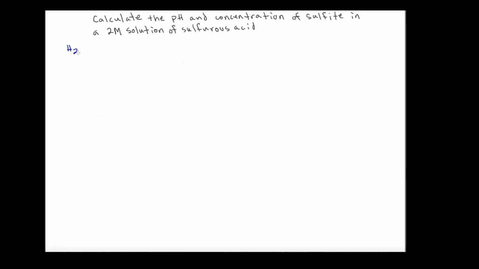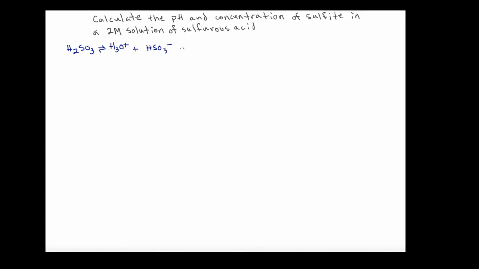is a polyprotic acid, so its ionization occurs in two steps because a polyprotic acid contains more than one proton. So we see for the first ionization that sulfurous acid is going to ionize into hydronium ion plus hydrogen sulfite.